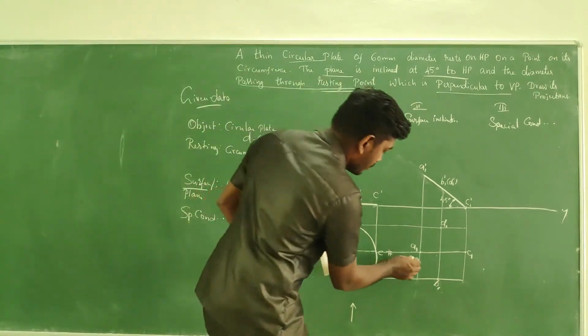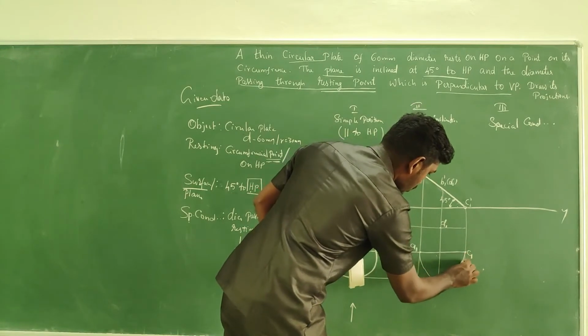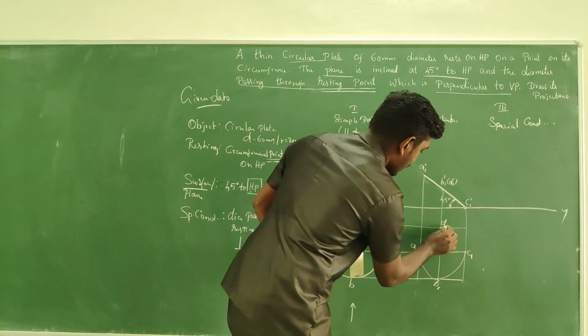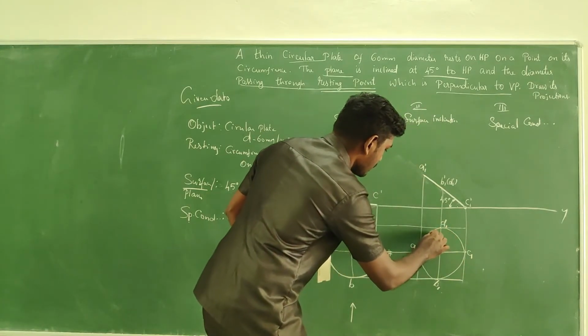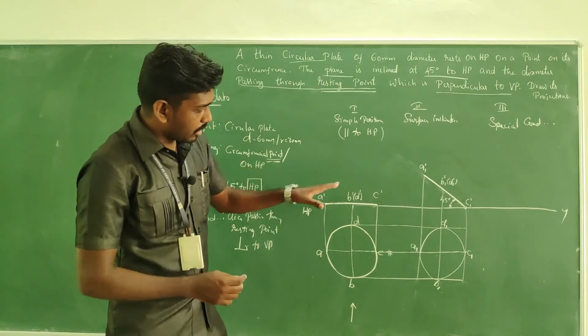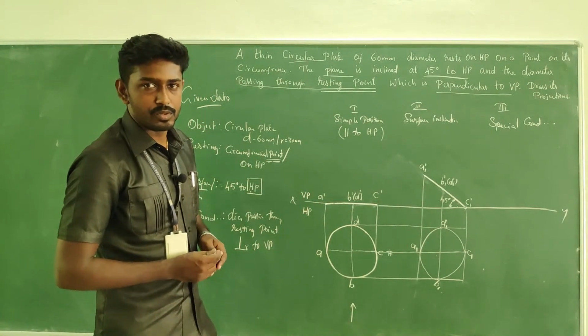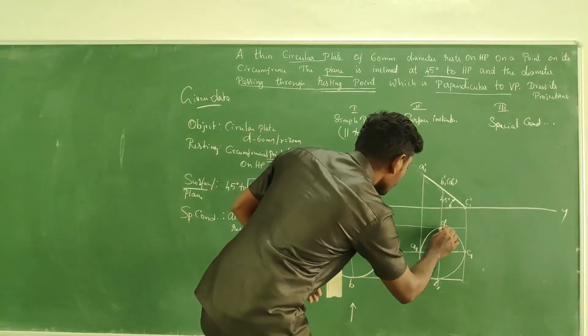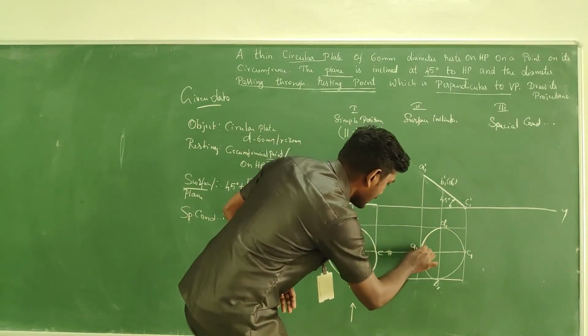Now try to trace it with a free hand. You should not use the scale to connect the points since it is a circle. When it is inclined, definitely the object obtained will be an ellipse. Okay. So if you draw a very good shape of ellipse, you can go for a dark line.